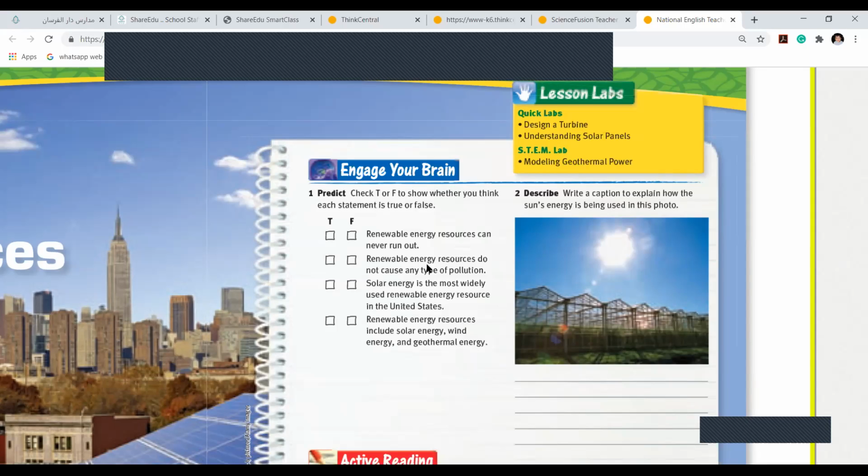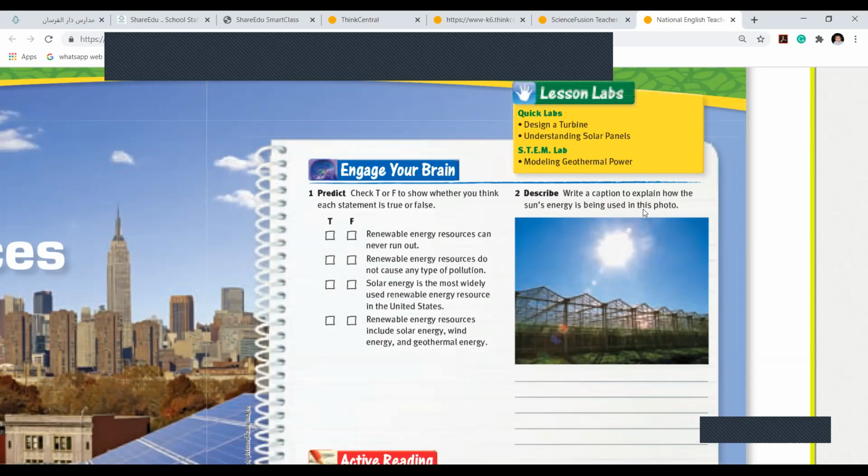The last one: renewable energy resources include solar energy, wind energy, and geothermal energy. Exactly, guys. This is true.